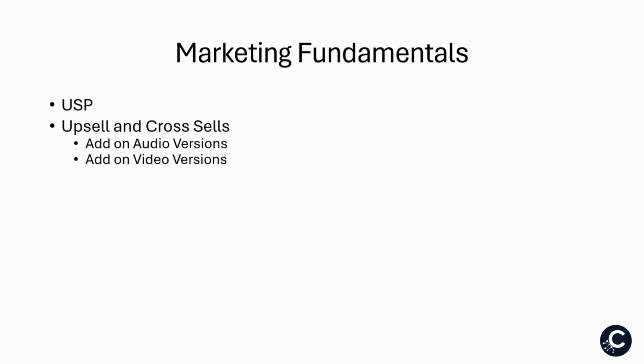So if you're going to use them in order to create videos, you can add on a video version where you're basically going to take the script or the written document that you have, give it over to Pictory.ai and turn it into a video. Now, that video can go on YouTube. I wouldn't put it there, but you certainly can give it to your customer as another way of them being able to experience the content.